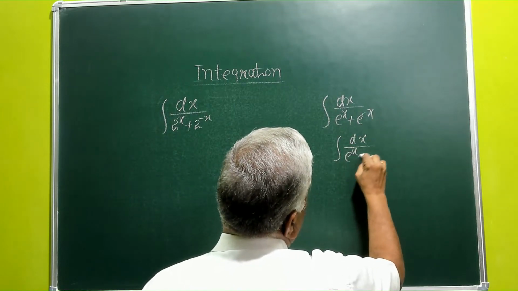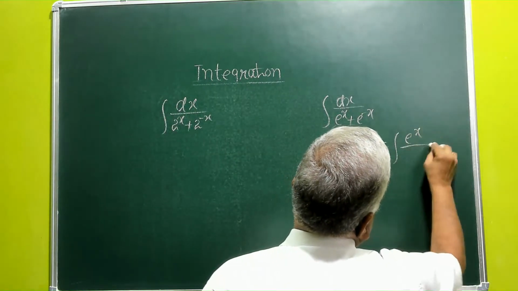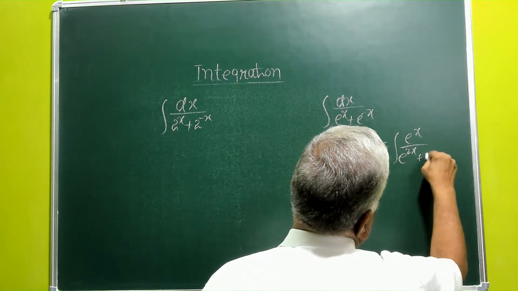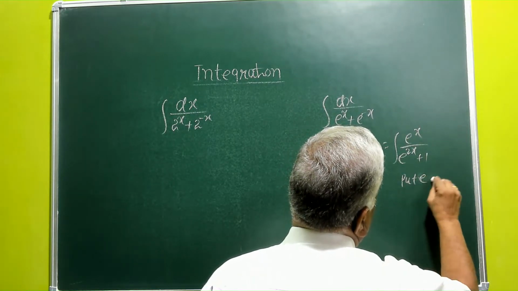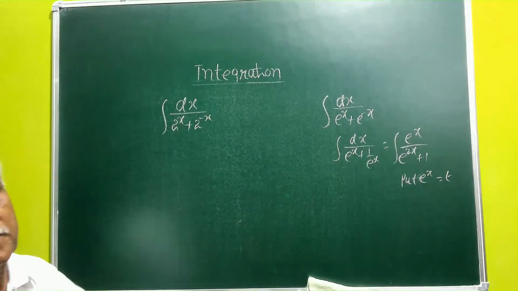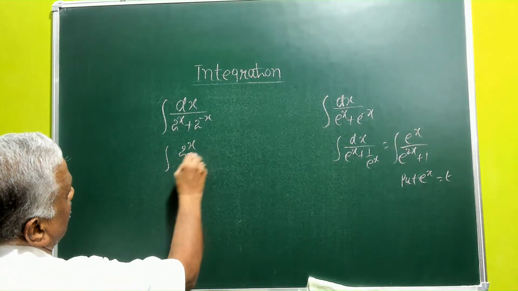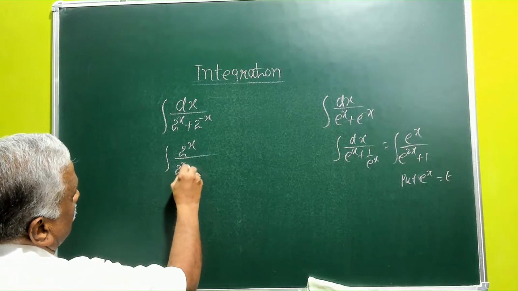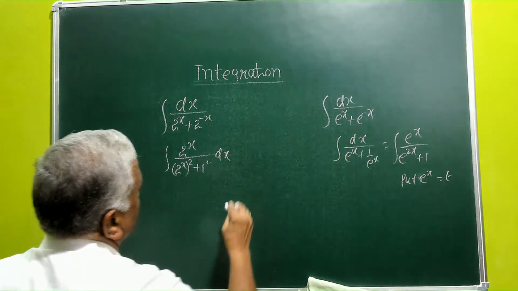For dx over (e to the power of x plus 1 over e to the power of x), you take the LCM, you get e to the power of 2x plus 1, put e to the power of x equal to t. This is a familiar problem. Same method you can follow. This is (2 to the power of x) whole square plus 1 square, dx.